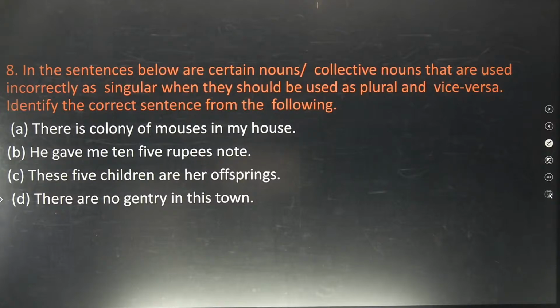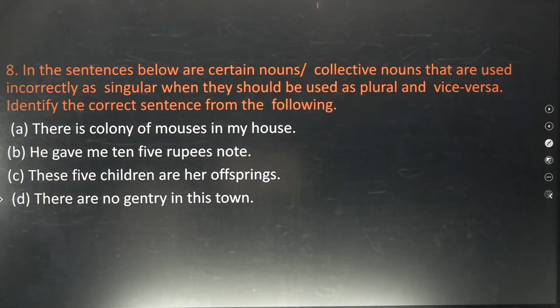Himan, I will share a PDF. This is kind of the same question that we had earlier. We have to find the mistake. Collective nouns have been mixed up. Sometimes they are plural, some are singular. There are errors, but one sentence is correct.